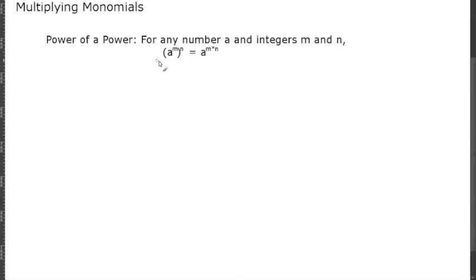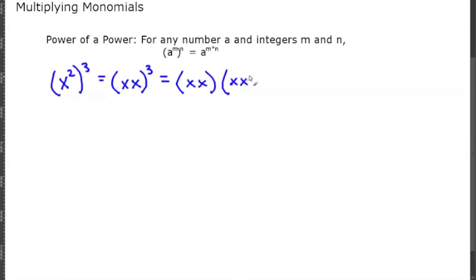So what this is saying, if we were to look at this and we had the term x squared to the third, well, what is x squared really? X squared is really x times x. So we have x times x to the third. If we were to write that out, that would be x times x, that's 1 time, times x, that's 2 times, we need to go to 3, which is times x.